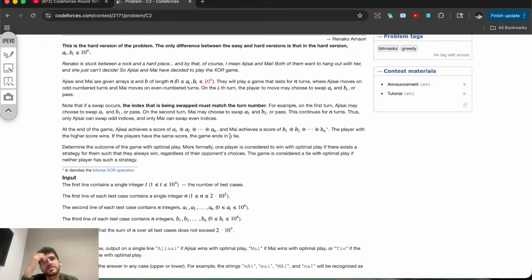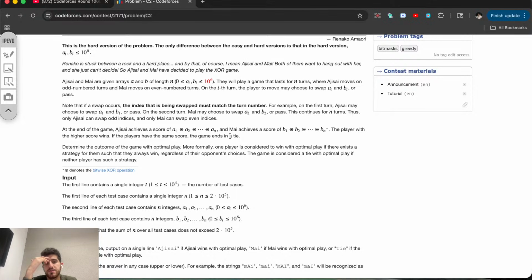Guys, we just talked about when the game ends up in a tie, right? When does it end up in a tie? When we have an even number of ones. So in here, when we compare the XORs of two numbers, the first thing that matters is the most significant bit.